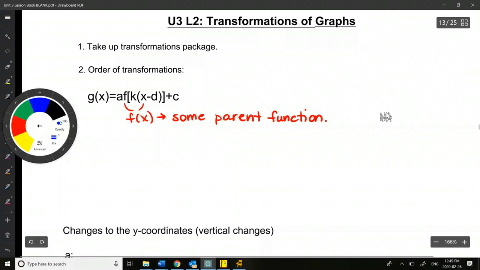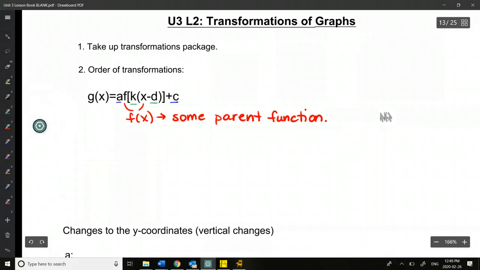The other things we see in here, A and C and K and D, are all transformations that are impacting how our function looks. We talked about how A and C are changes to the y coordinates of the parent function, or in other words, they're vertical changes.